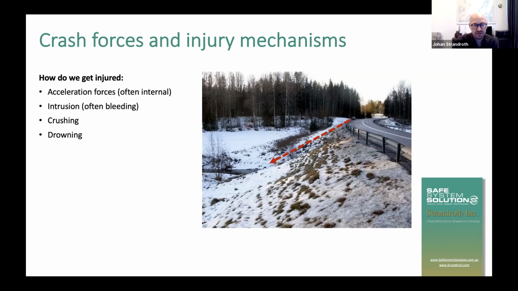The barrier was not able to stop the car from rolling down into this river, and it ended up upside down, stuck in the river, and they were not able to open the passenger doors. So a mom and her 10-year-old daughter drowned in this crash. They were alive. They would have survived the crash, but they drowned because they were trapped in the vehicle.